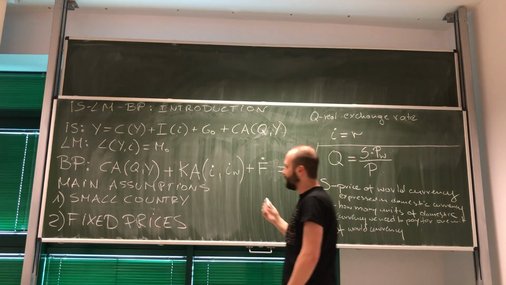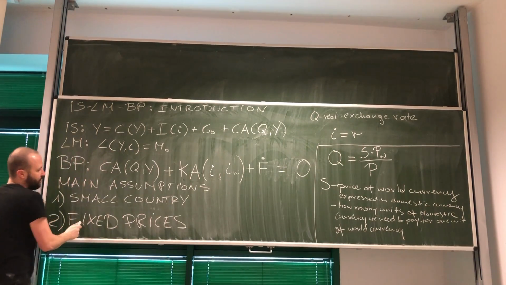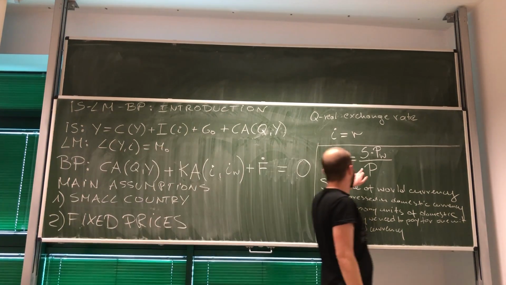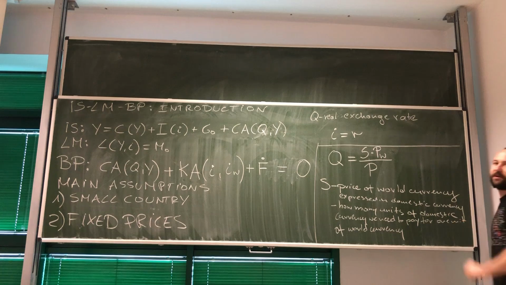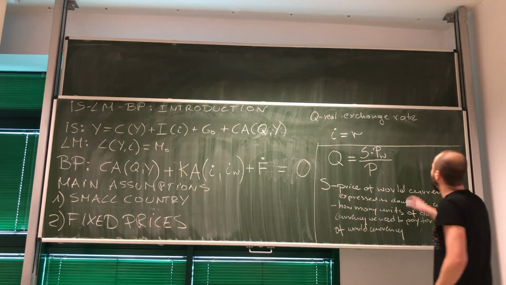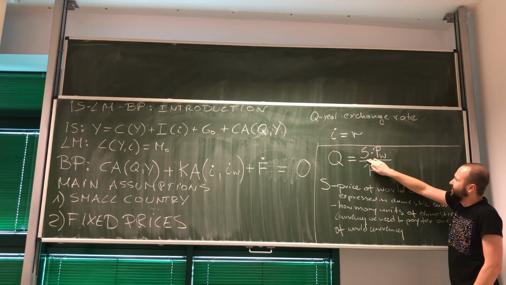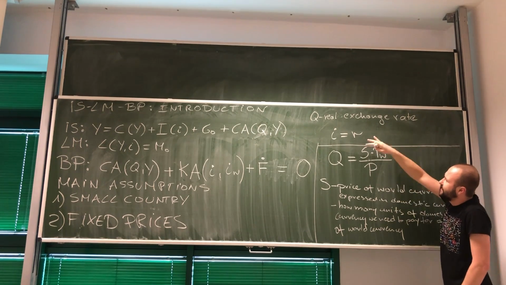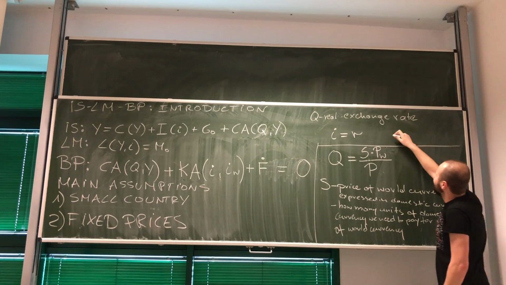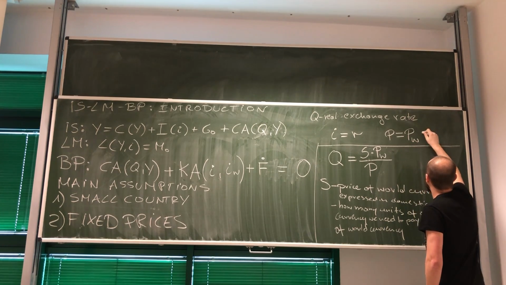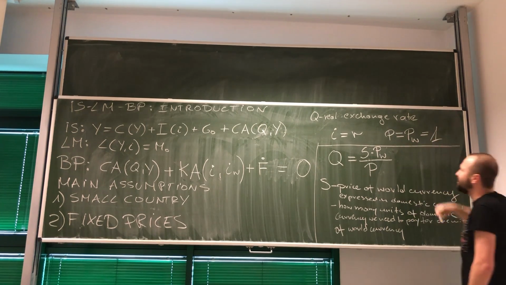But look, right away in the second assumption we said that we've got fixed prices. So look, in this case, P and PW are constant. So do we really need them in the analysis? No. And look, for simplicity, the only thing that can change here is nominal exchange rate. So instead of putting inside S times PW over P, let's assume that price level at home and price level in the rest of the world are equal to one another, and they are equal to 1.